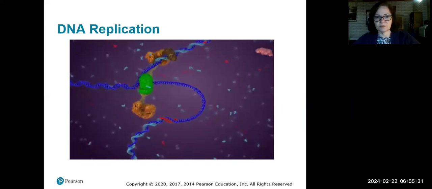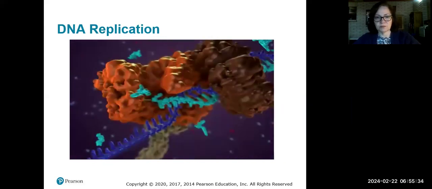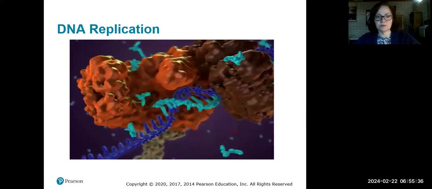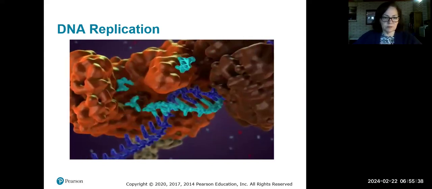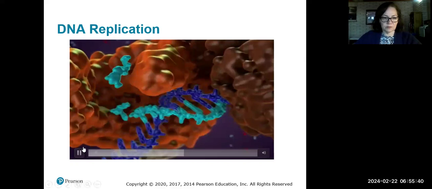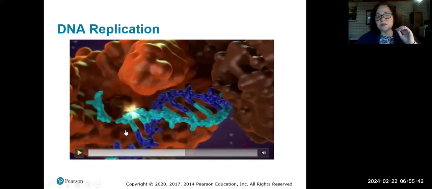First, let's focus on the leading strand. DNA polymerase builds a new strand of DNA by adding DNA nucleotides one at a time. The detail that's not being shown is that if this is an A in dark blue, then this must be a T in light blue. And if this is a G in dark blue, then we have to have a C in light blue.